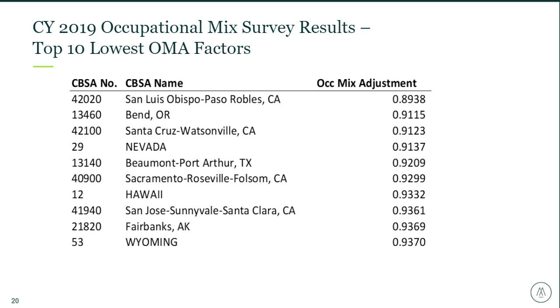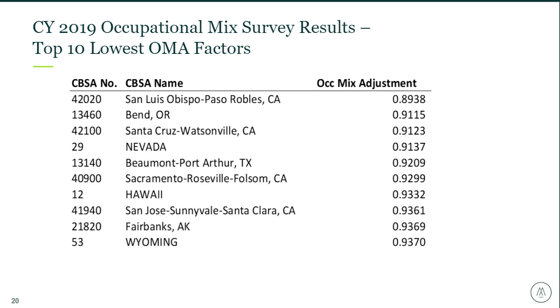Just for general knowledge, hospitals in California are required to follow mandatory nurse-to-patient staffing ratios, which have an unfavorable outcome in the OMA calculation. The state of Hawaii's rural hospitals, with their high cost of living, also receive an unfavorable OMA, likely due to greater use of traveling nurses and such with high cost average hourly rates.